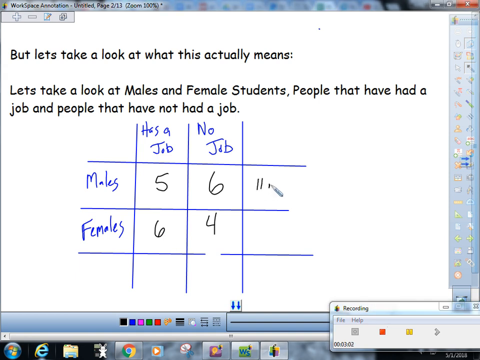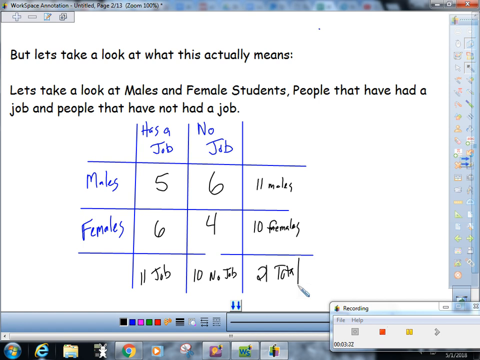So there are 11 males in the room total, and 10 females. There are 10 people with no job in the room, and 11 people with a job. And there are 21 total people in the room. Okay, that's now the completed chart.